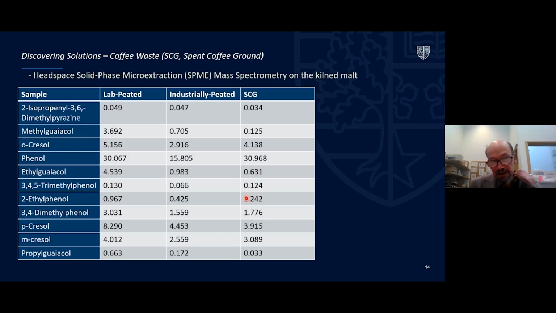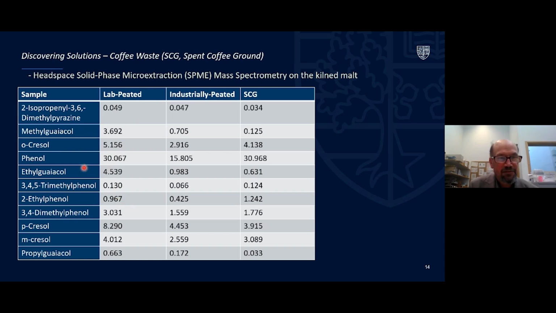And we can tabulate data using yet another technique. This is what's known as SPME, or solid phase micro extraction mass spec. What this involves is taking the malt that we've kilned, either with coffee ground or peat, extracting the chemical compounds from that, the small molecules, and we can identify and tabulate them.